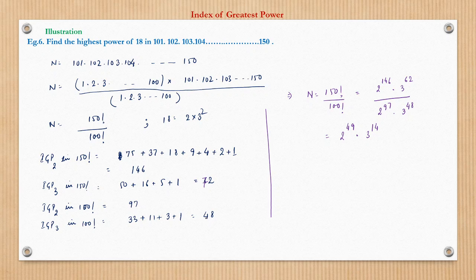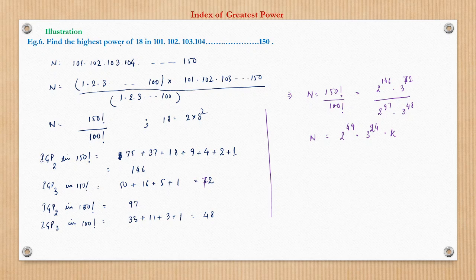So now here it becomes 72, and 72 minus 48 will be nothing but 24. So this is into some other number k. This is n now, right?